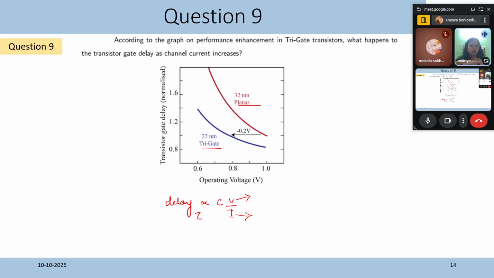So in the next technologies of MOSFET, people are trying to increase the gate control by increasing the effective area of the gate around the channel. Now when the gate control is increased, the drive current due to the gate applied voltage increases. So you can see there is an increase in current.